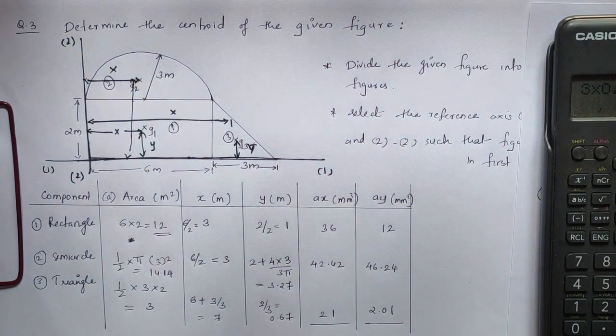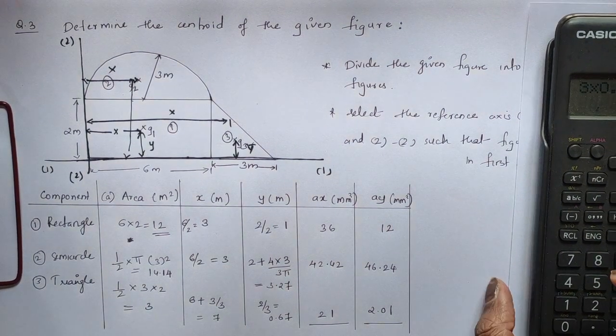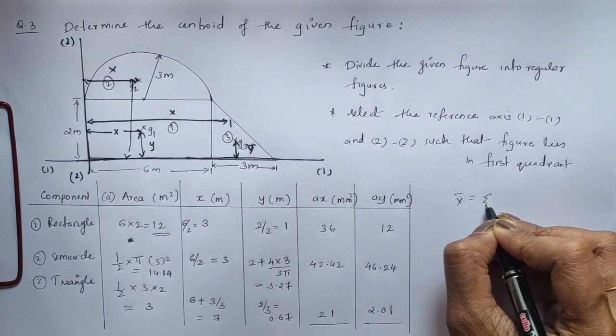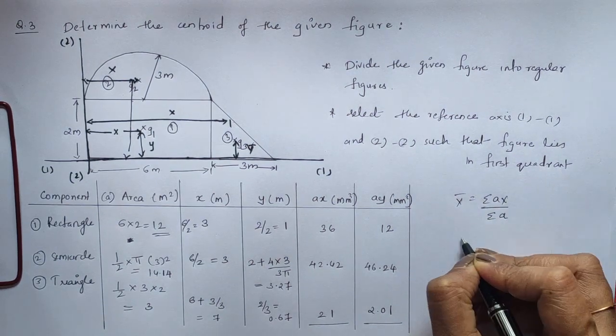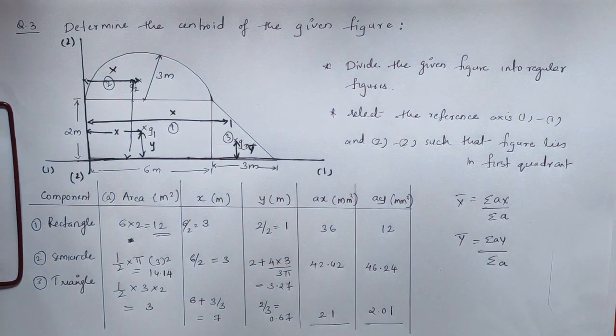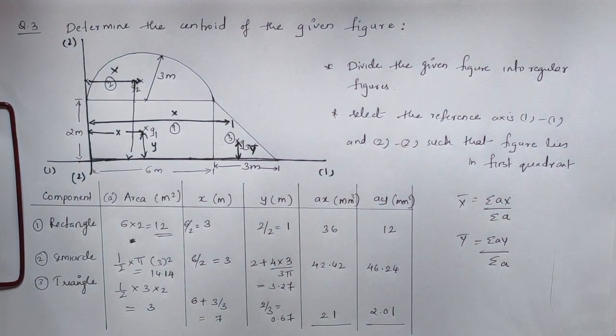Now after finding this ax and ay, we already know the equation of x bar. You know, right? X bar is sigma ax by sigma a, and y bar is sigma ay by sigma a. That's why we have taken ax, ay, y, x, everything here, and even area.